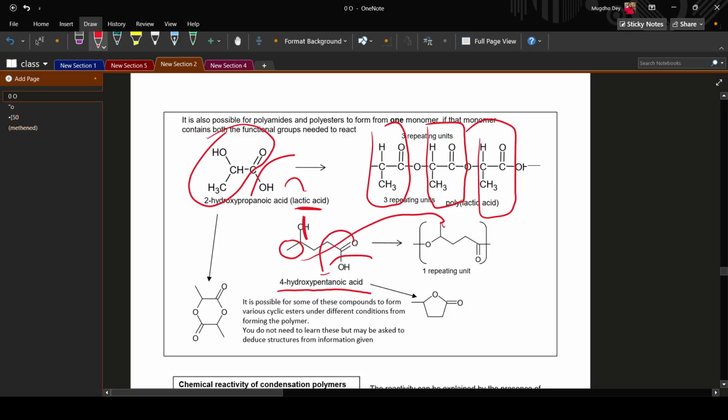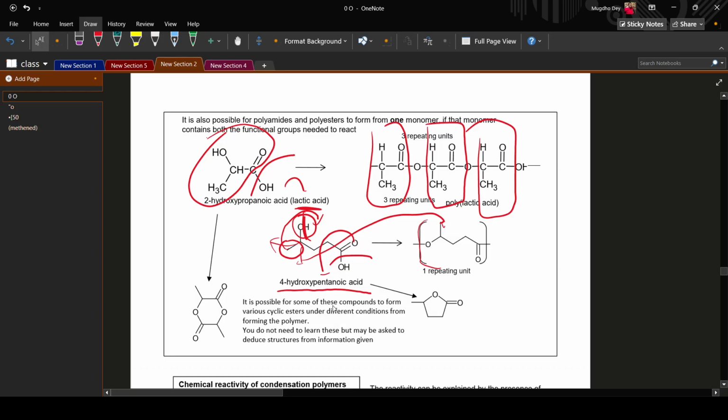They rotated it. They brought this one down, and this took this one up. So that is why the H went away, and that's why they showed it like this. Did you understand? Yeah, exactly.